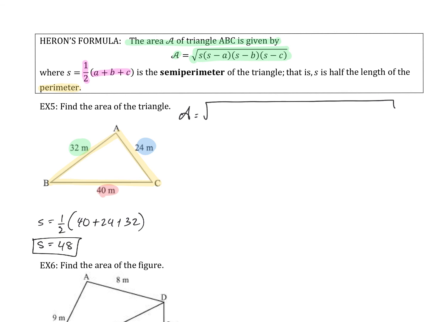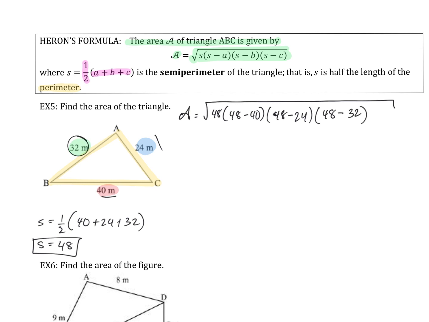So S is 48. Plugging this into the formula, we have 48 times 48 minus A, which was 40, times 48 minus B, which is 24. And then 48 times, or sorry, not times, 48 minus 32.